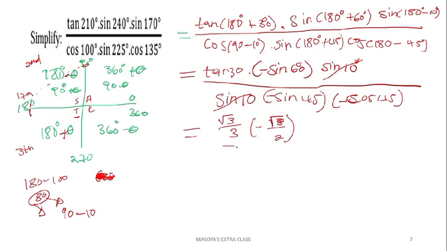Then sin 10 is out because of this sin 10 on that side. And then we have negative sin 45. You can see that negative times negative will be positive. Then sin 45 will be square root of 2 over 2, cos 45 square root of 2 over 2. Then you punch in the calculator, and you get negative 1.